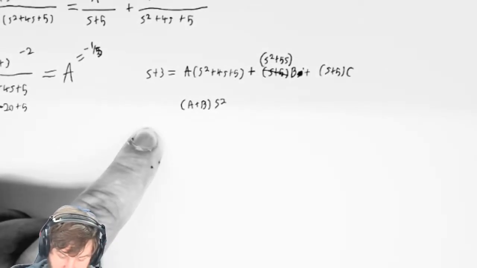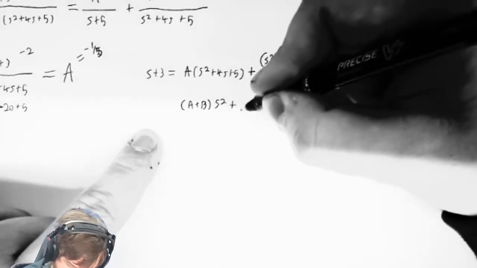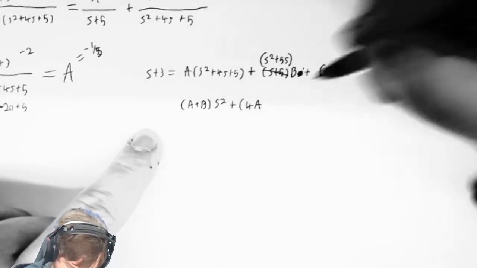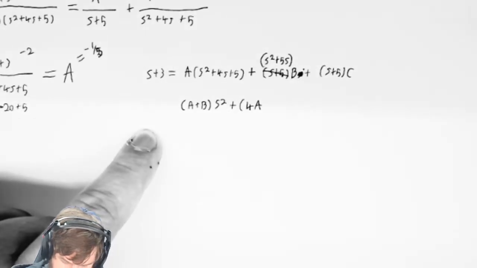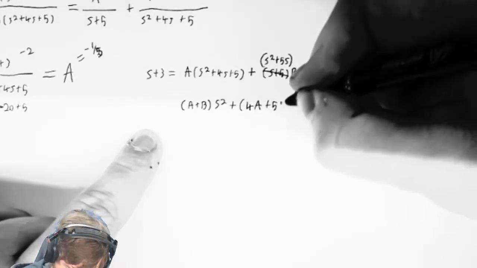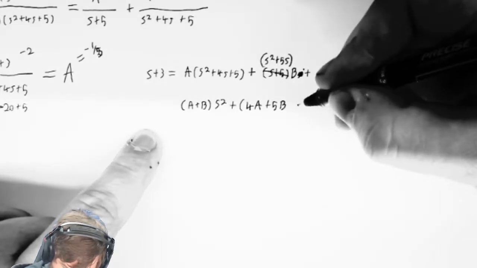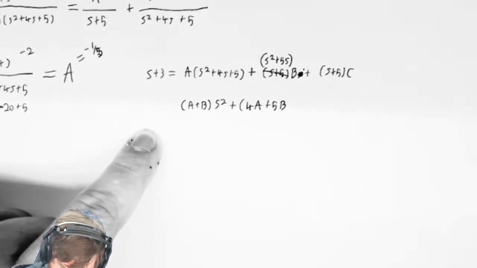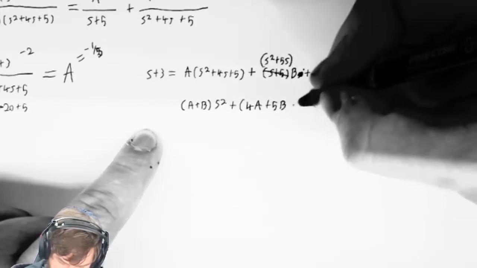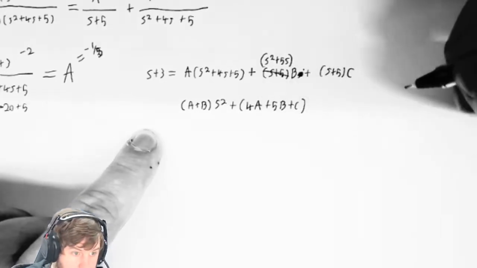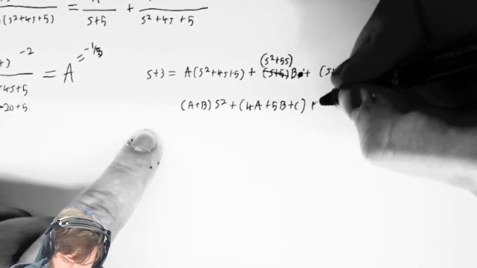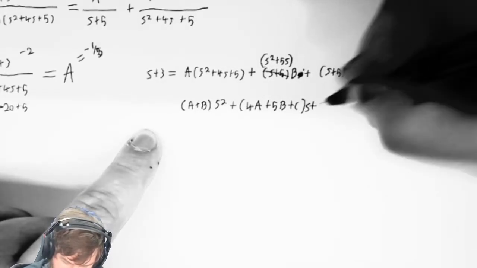For our s term, looks like we have (4A + 5B + C), and that's all times s.